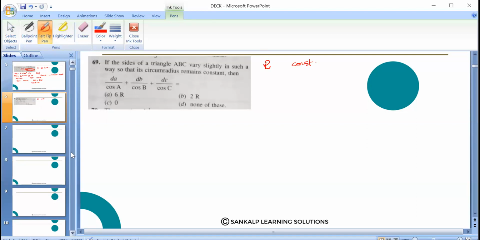That is what they said. Then dA by cos A plus dB by cos B plus dC by cos C equal to what? So we have sine rule in triangles. A by 2 sine A equal to B by 2 sine B equal to C by 2 sine C equal to circumradius R.